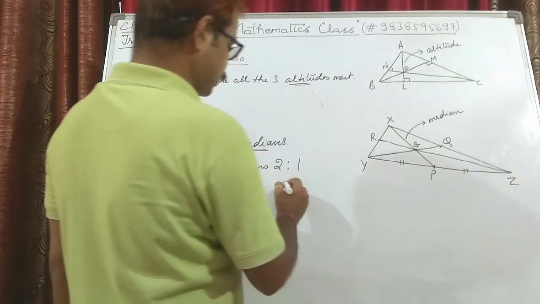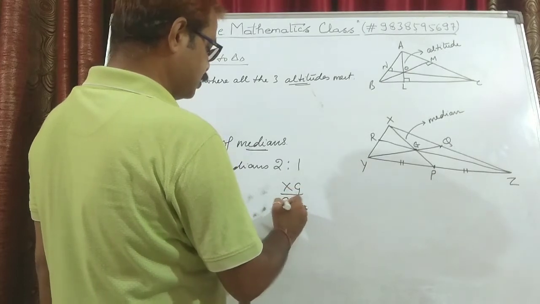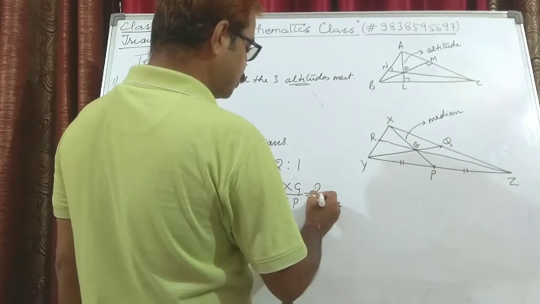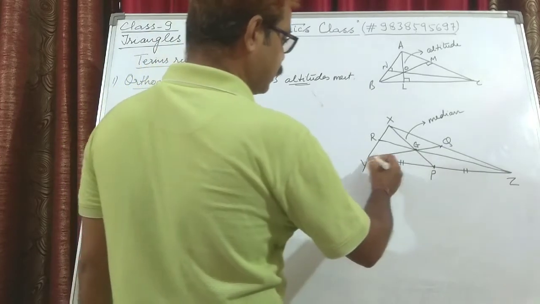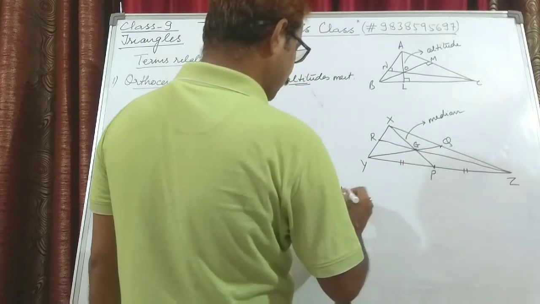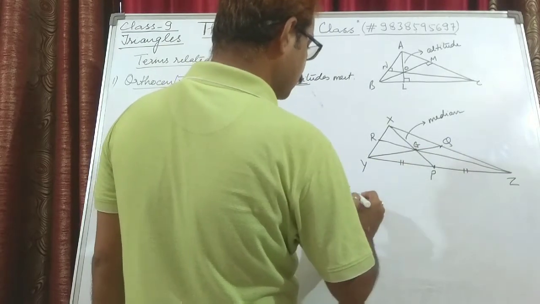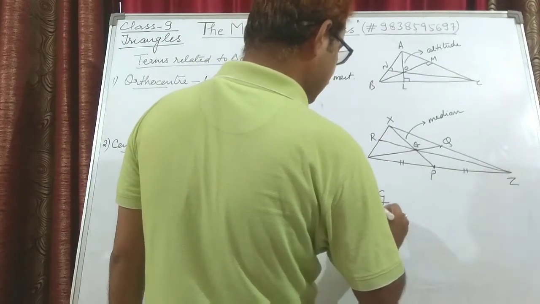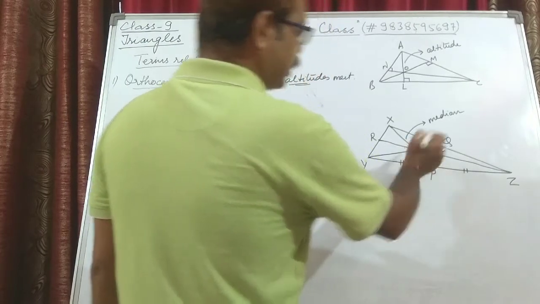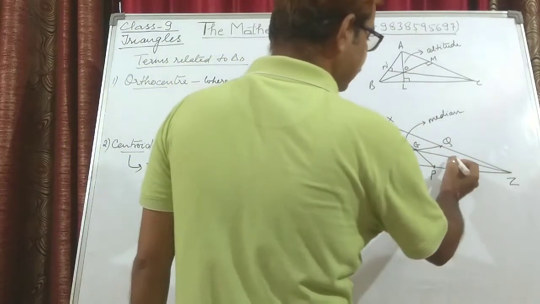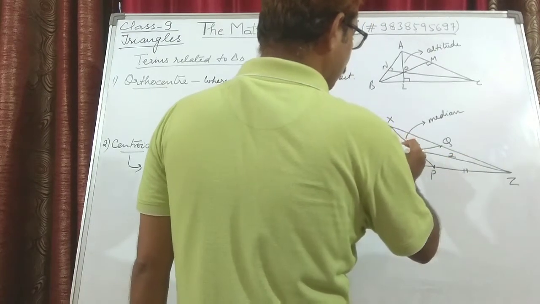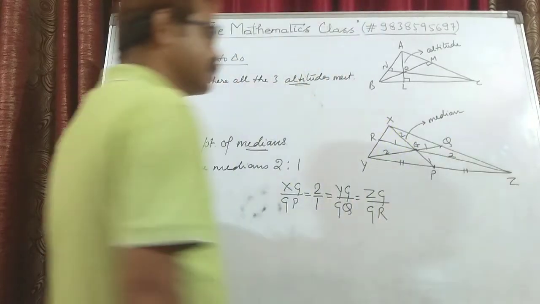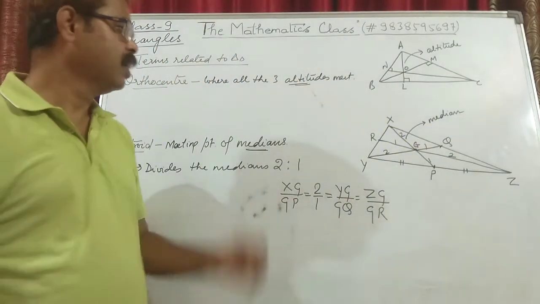XG upon GP is 2:1 in this diagram. Similarly, YG upon GQ, and ZG upon GR. This point G divides the medians in the ratio of 2:1, 2:1 and 2:1. This is also very important for you to remember.